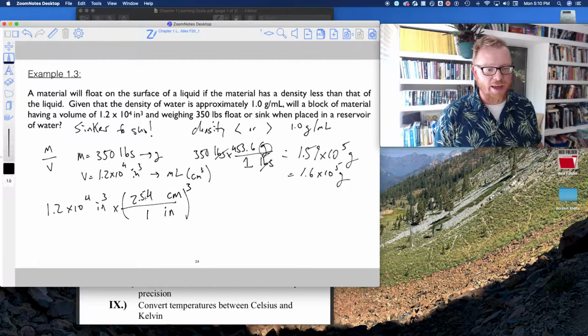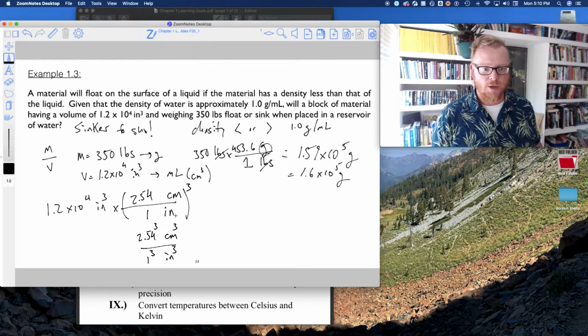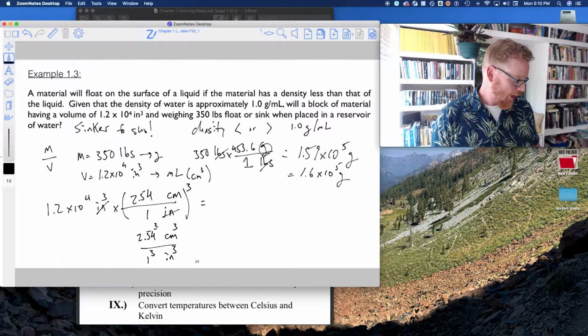So when I do that calculation, that's going to be the same as saying 2.54 cubed centimeters cubed over 1 cubed inches cubed. Okay? So that cancels out my cubic inches and my cubic inches. And then now I need to take 1.2 times 10 to the 4th times 2.54 cubed. Okay? And 2 significant digits from this number right here.